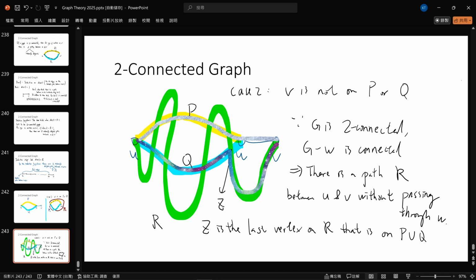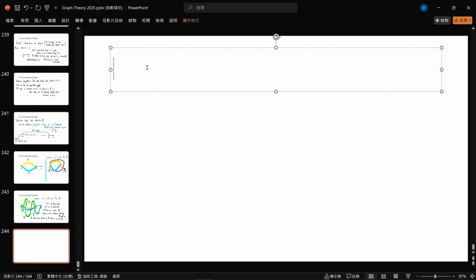I don't think that's trivial, and the proof actually gives you an algorithm to compute two internally disjoint paths. 好，所以我刚刚只是说，这个 proof 可以把它变成一个演算法。OK, so next, I'm going to just write down a few equivalent conditions for two connected graphs.